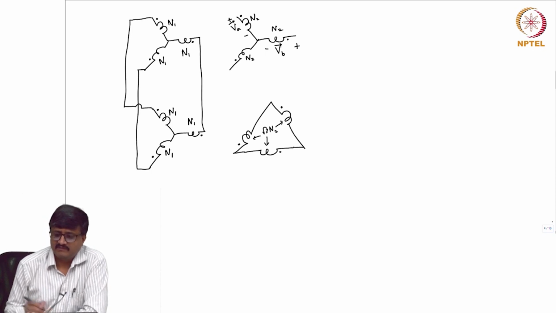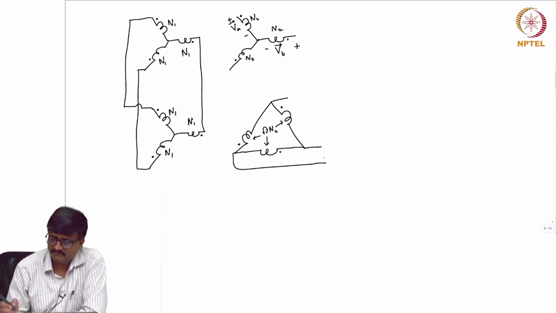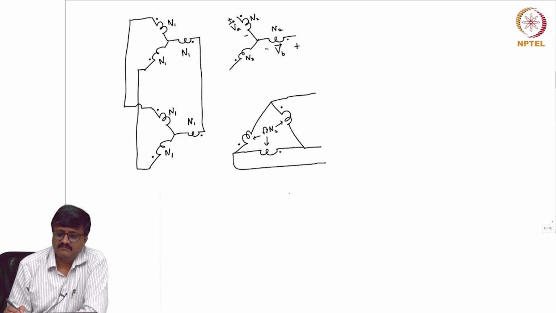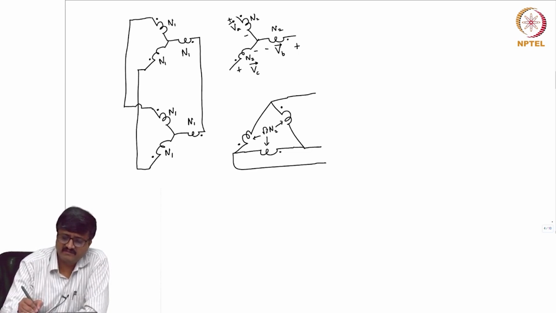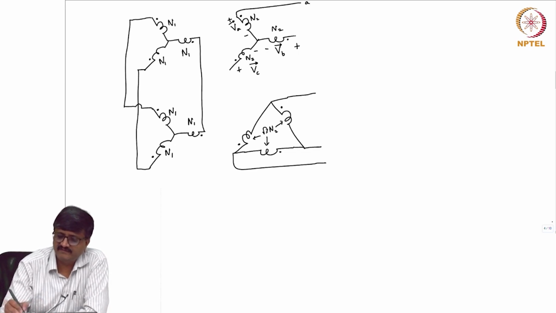Similarly, this is VC. So, this is terminal A phase, B phase and C phase.